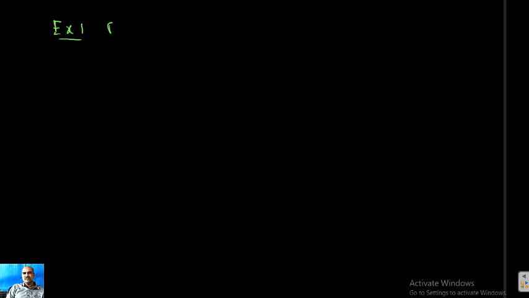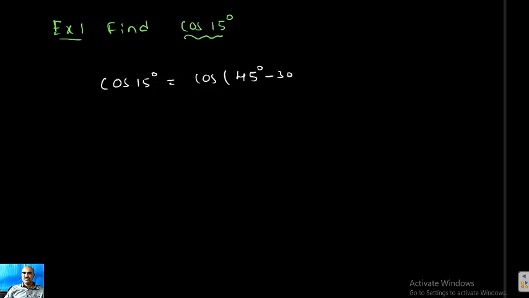Example 1: find the value of cos 15 degree. So, students, cos 15 can be written as cos of 45 minus 30 degree. Now, this is in the form of cos of A minus B. So A is 45 degree, B is 30 degree.